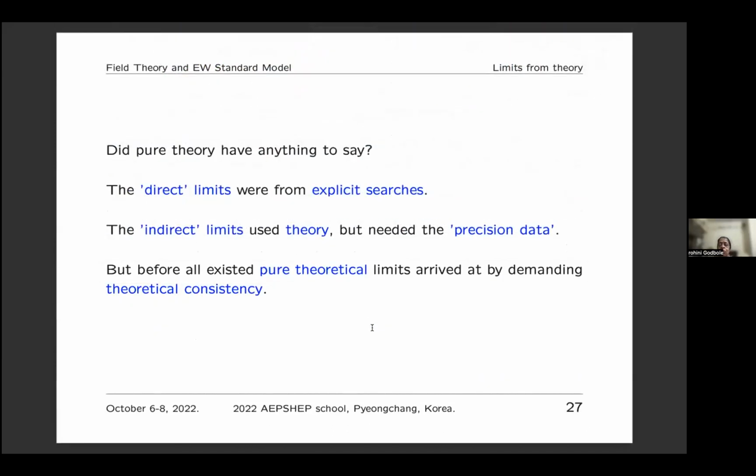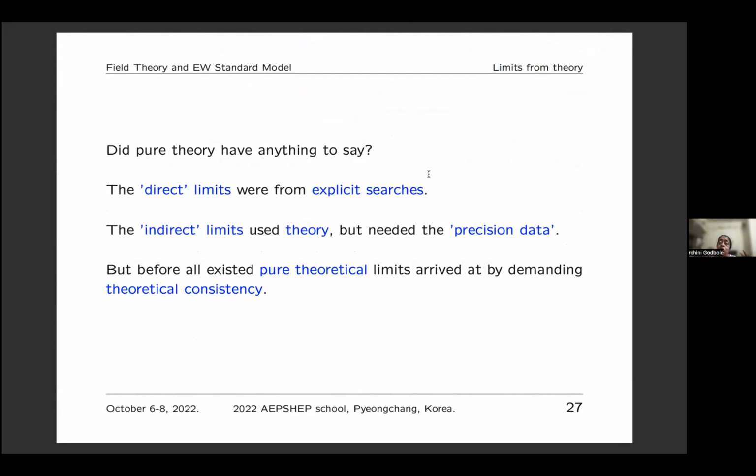Now, before I go on and discuss the actual observed value of the Higgs mass, let us ask the question, did theory have anything to say? So the direct limits were from explicit searches. The experimentalists were doing their great jobs and said, we did not find the Higgs. The good part of the theory was, of course, that theory had predicted how the Higgs should couple to the gauge bosons, and how the Higgs should couple to the fermions.